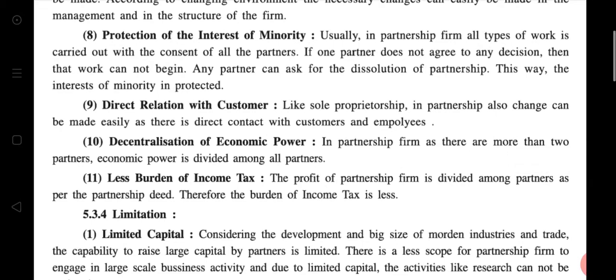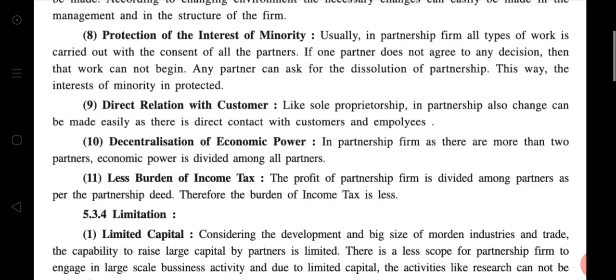Then protection of the interest of the minority. Usually in a partnership firm, all types of work are carried out with the consent of all the partners. But if one partner does not agree to any decision, then that work cannot begin. Without the consent of all the partners, a single task cannot be carried out.